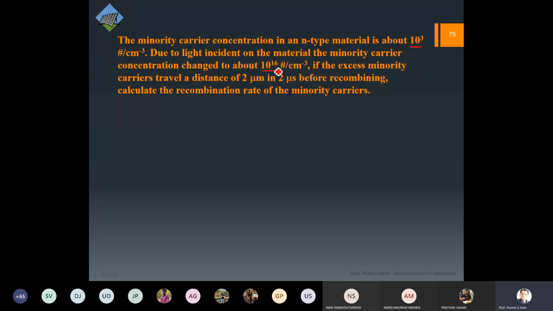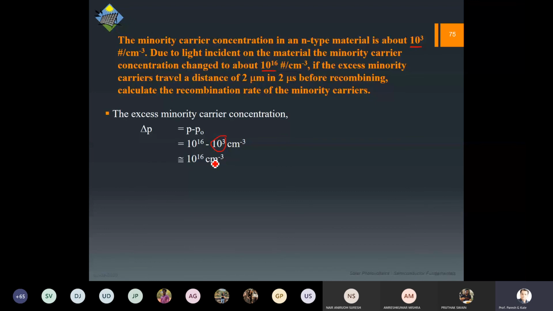So because of this light, the extra carriers are generated. As it is 16 versus 3, this 10 raised to 3 is very negligible, so better neglect it, and we can say that roughly the excess minority concentration is about 10 raised to 16.